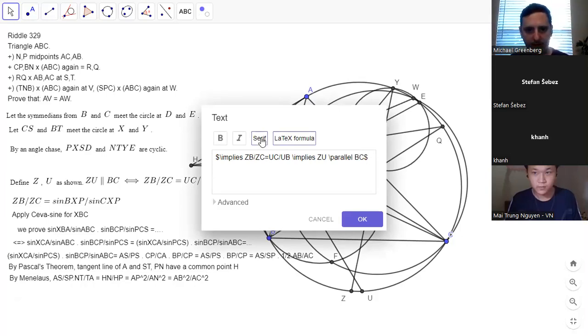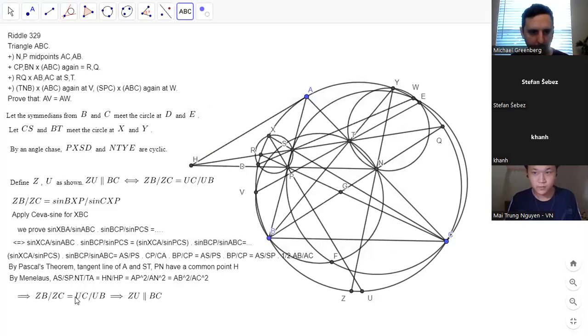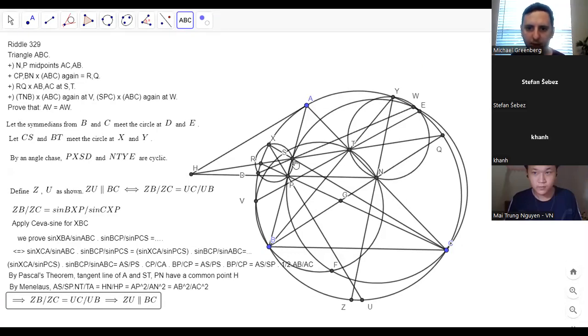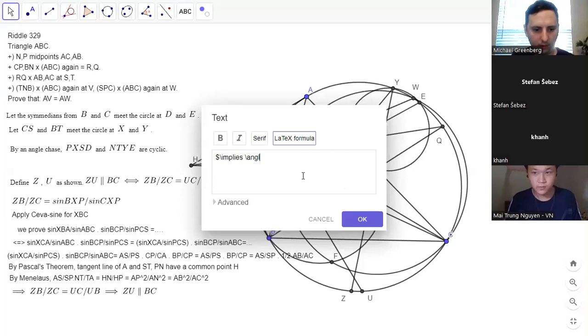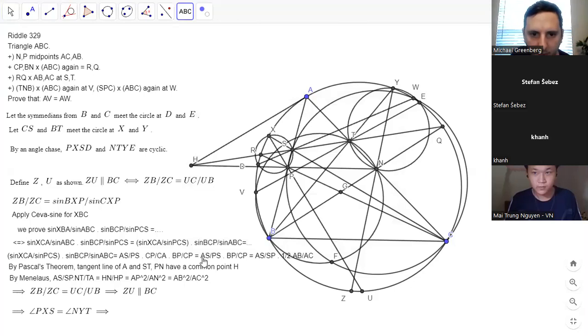Once we know that, that means that angle PXS is equal to angle NYT. And that means that angle BXP equals angle CYN.